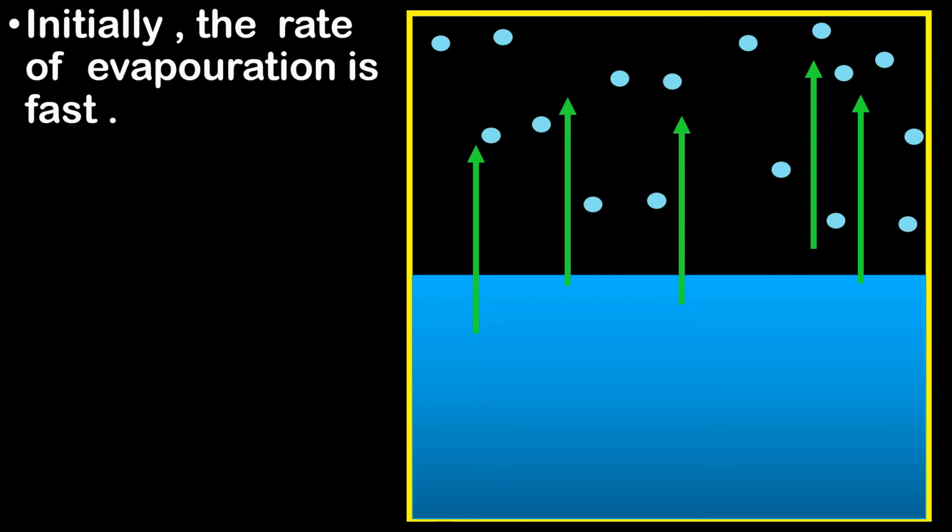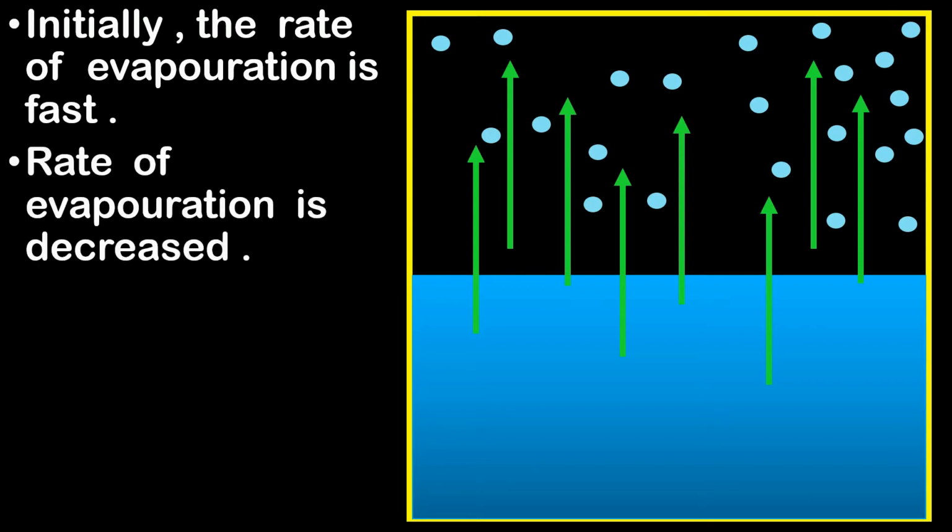Now, after some time, you make two observations. The first observation is that now also the liquid is getting evaporated and forming vapors, but this time it is forming vapors slowly. So can I say that now the rate of evaporation is decreased?